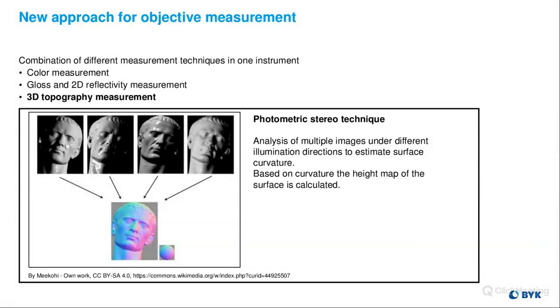From there, you can estimate the surface curvature, and once you estimate the surface curvature, you can create a height map of the object. The result is a real 3D topography of the measured object surface. Then you can compare those topographies to further analyze the differences between grain structures or grain types, for R&D purposes or for quality control purposes.